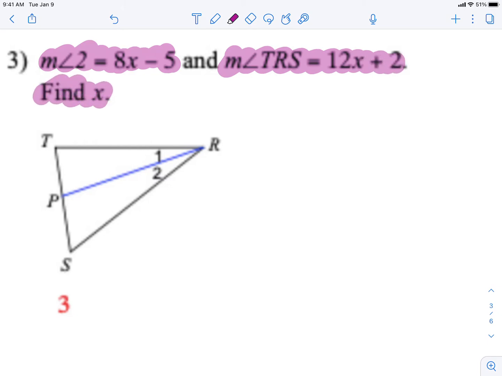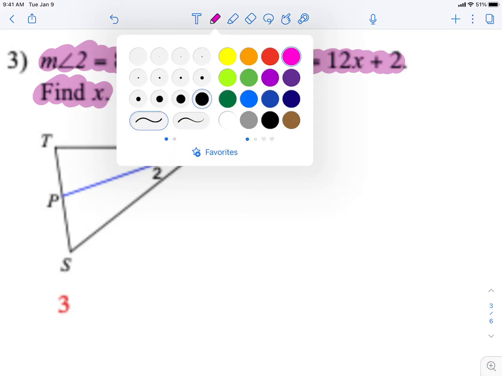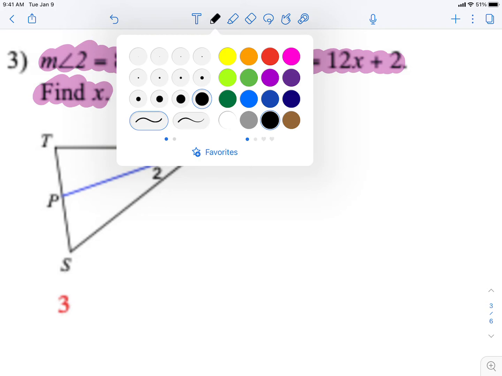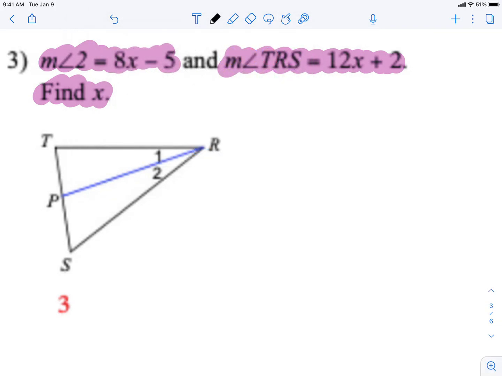Find x. Okay. So again, let us remember that we're dealing with the big angle here, which is TRS. And we remember that that's the angle bisector.